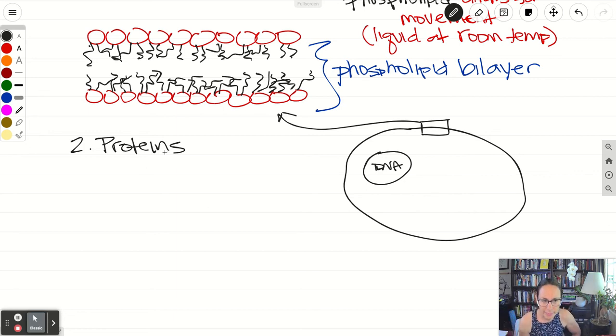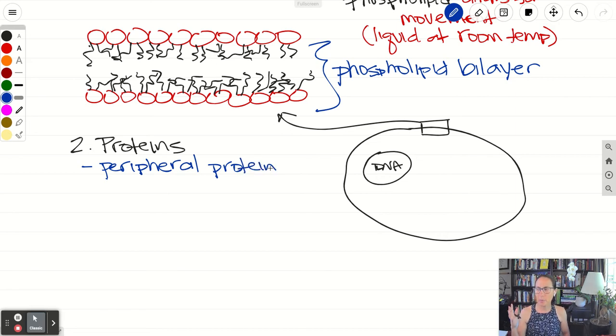And so there are two types of proteins. The first type is called a peripheral protein. I just want you to think for a second what a protein is. Proteins are made of amino acids.